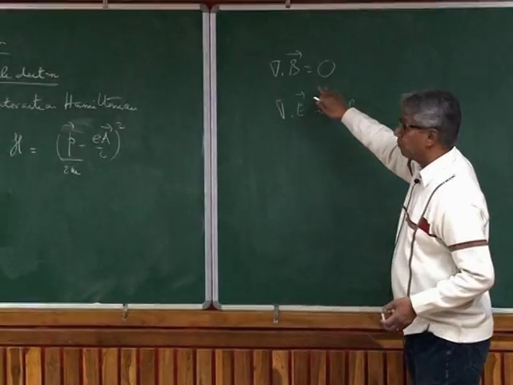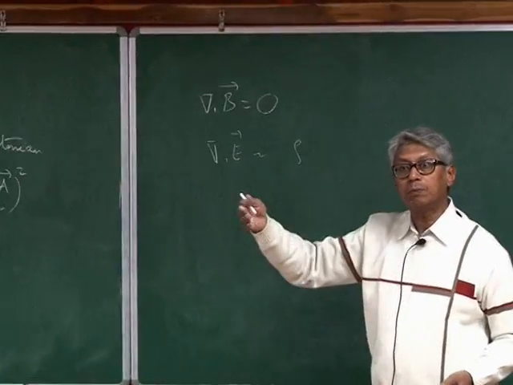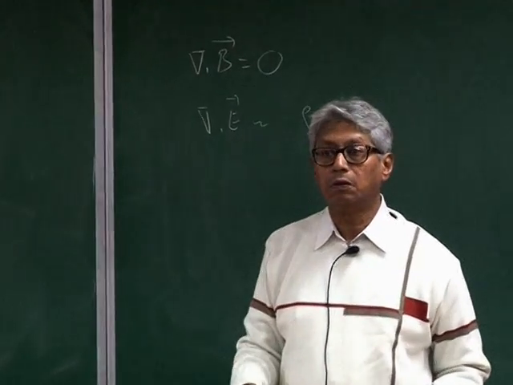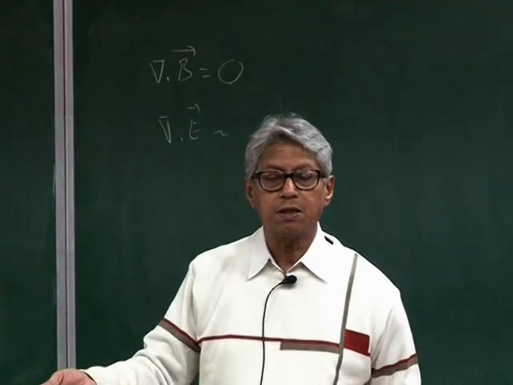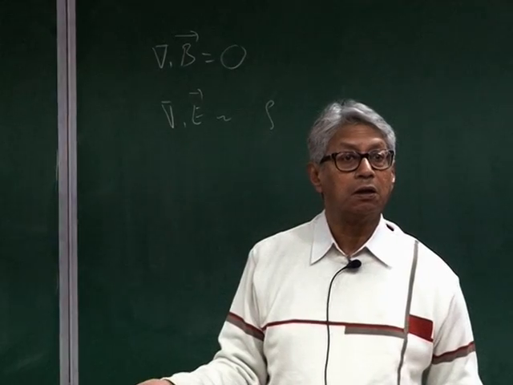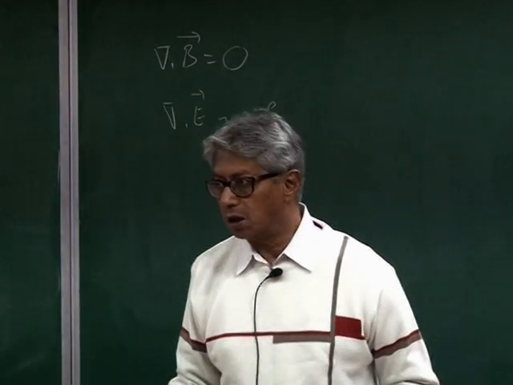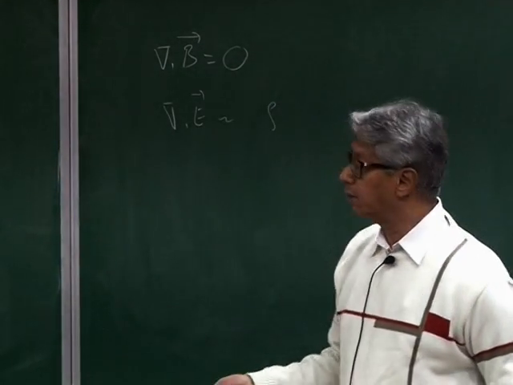So if divergence of B is equal to 0, does it say anything about the property of that field B? If the divergence of any vector is equal to 0, then that vector can be represented as the curl of another vector, correct?